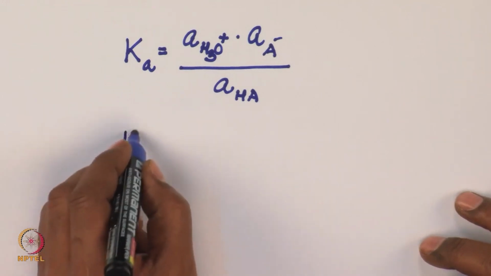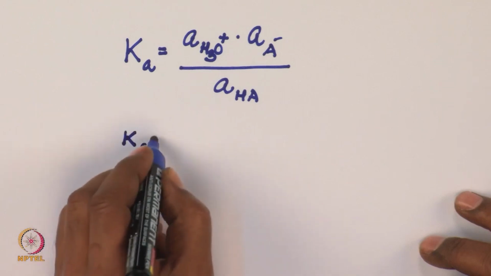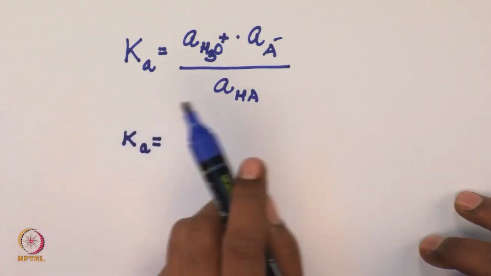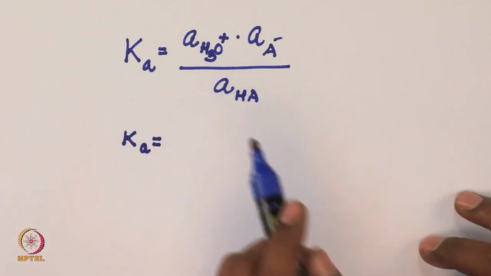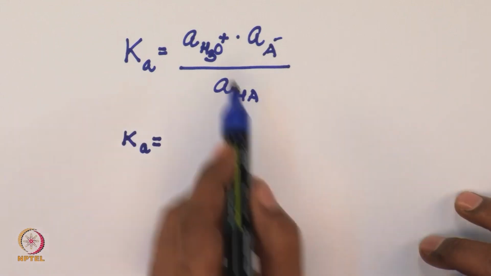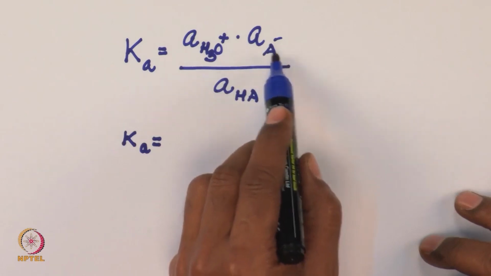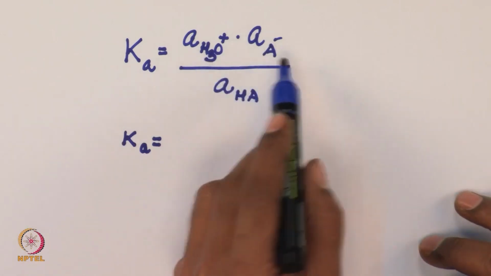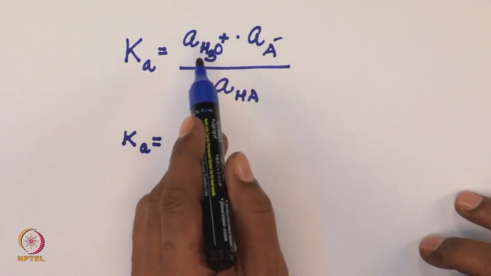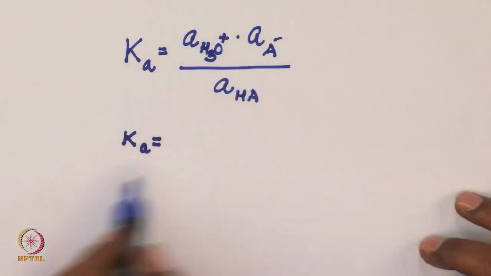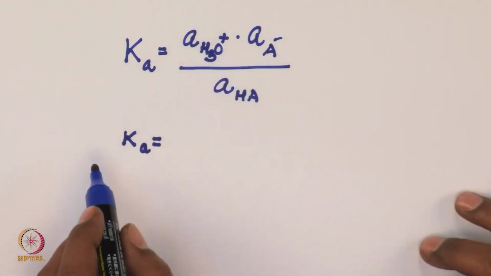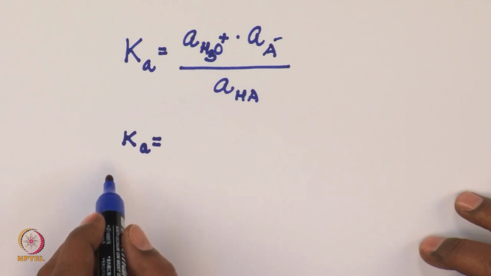And let me write again, Ka is equal to... If the acid is weak and initially there is no base present, then both these have to be equivalent, because the source of A minus is HA and the source of H3O plus is also HA, and you are not talking about the contribution from autoprotolysis of water.